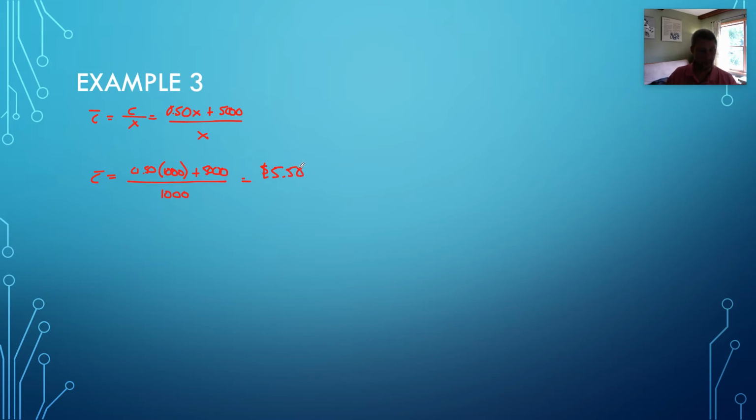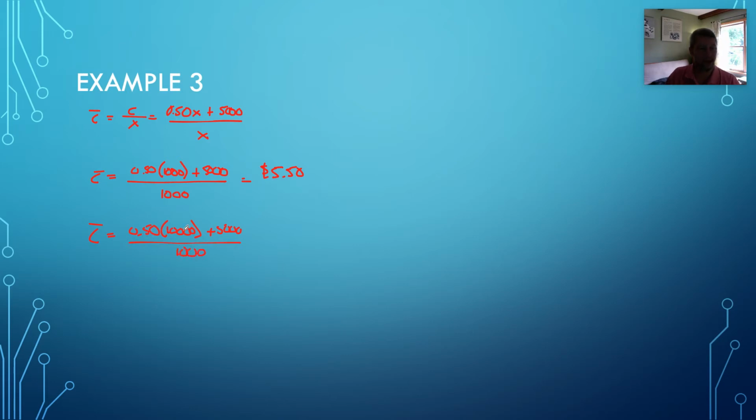So that's going to be my cost per card. All right, so it's not very economical there. Now, if I produced 10,000 cards in this batch, then 0.50 times 10,000 plus 5,000, all over 10,000.